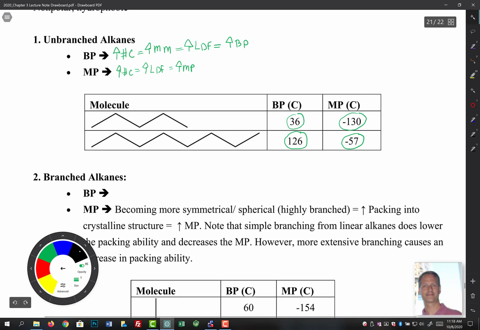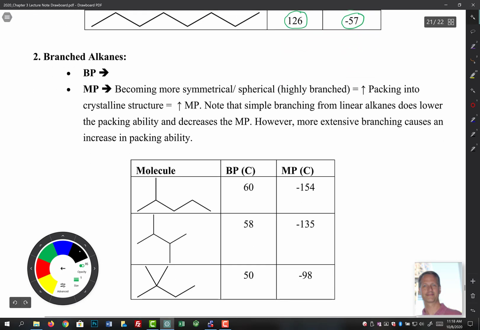Now, what about branching? Well, branching complicates things just a little bit. As far as our boiling point is concerned, if we have an increase in branching, we have a decrease in exposed surface area.